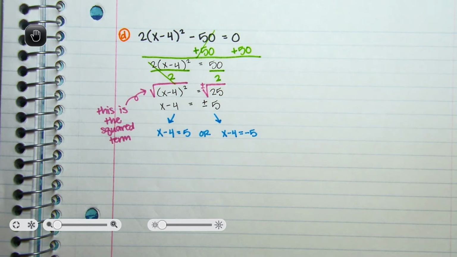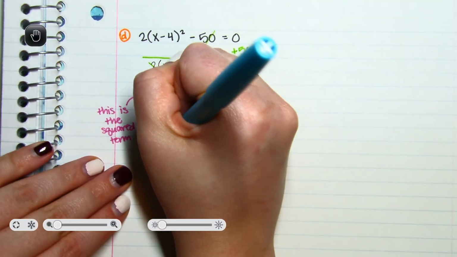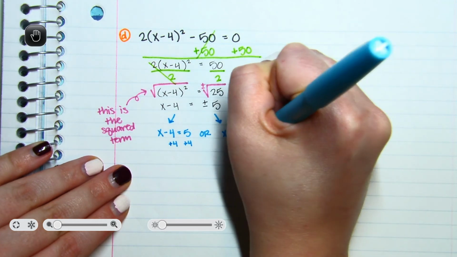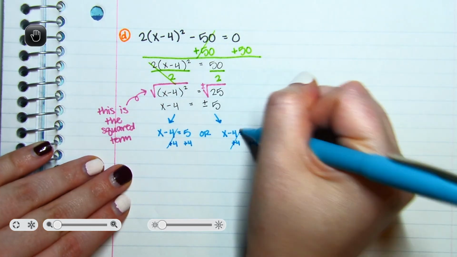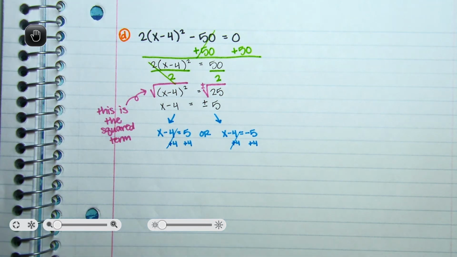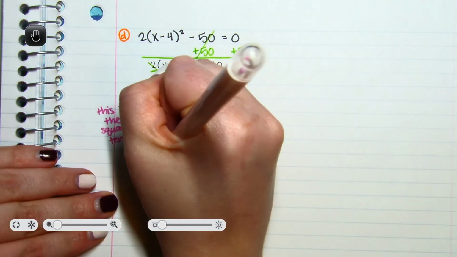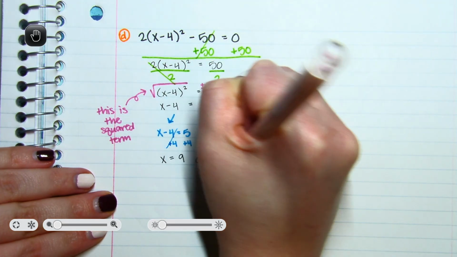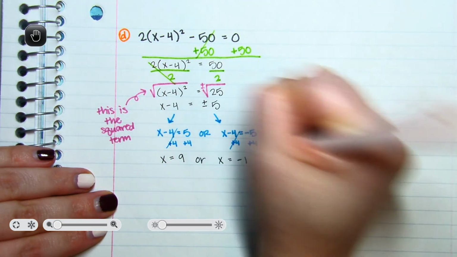Then we have to get the x by itself. So we add 4 to both sides. So our final answer will be x equals 9 or x equals negative 1.